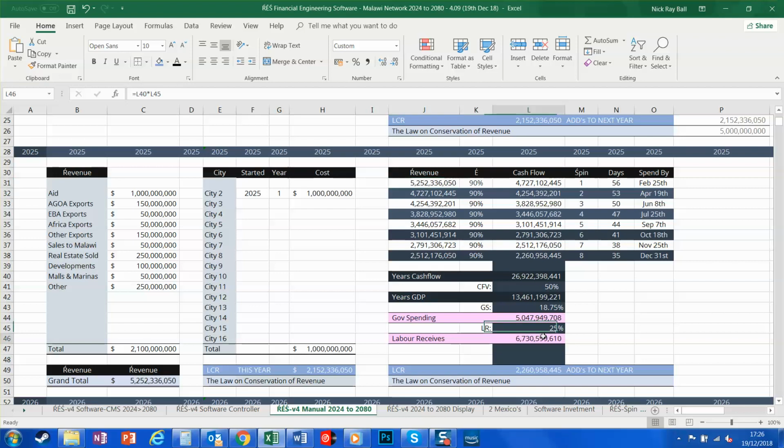Labour is paid 25% of revenue, of cash flow, which is a large amount to pay labour, according to various textbooks, but we're including some of the profit in there. So it's making less profit, paying more in labour.